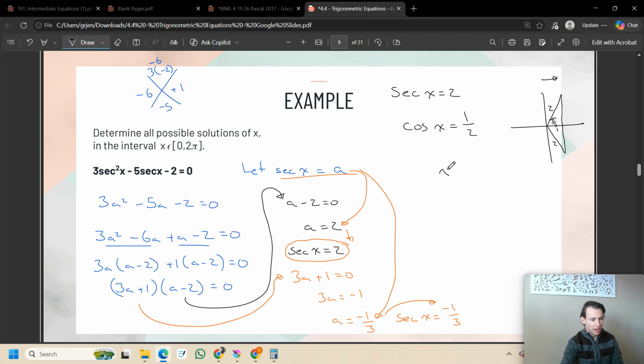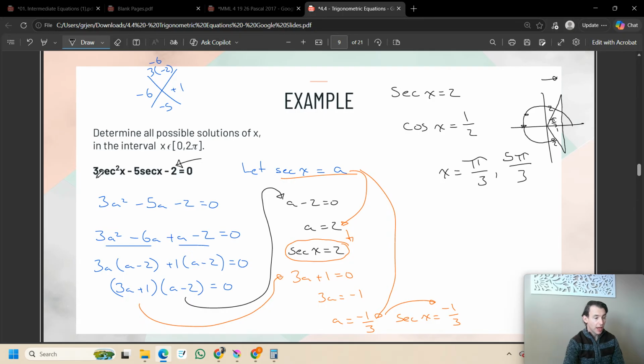So that tells me that x equals pi by 3, or 2 pi by 3, 3 pi by 3, sorry, I don't want to count it this way, it is 1 pi by 3 less than 2 pi, so it's 5 pi by 3. 5 pi by 3 is equal to 300 degrees, and that's correct. Okay, so these are our two values for x that make this equation true.